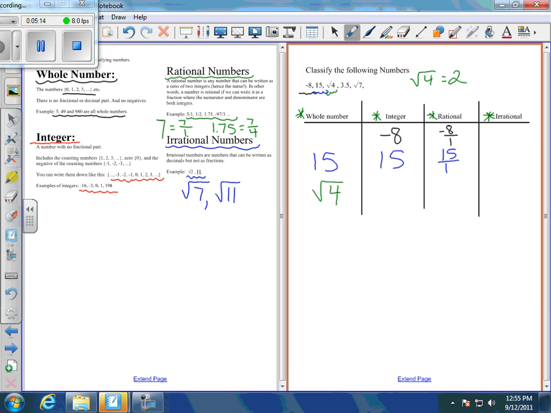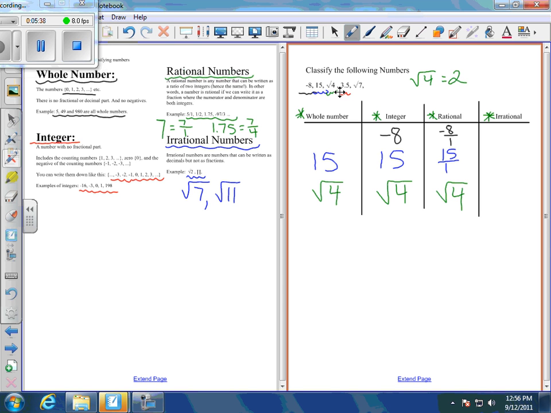Is it an integer? It is an integer because it is part of the set that falls in that category. Is it a rational number? Absolutely. It is a rational number because we can rewrite it as 2 over 1. So the square root of 4 is a whole number, integer, and a rational number.